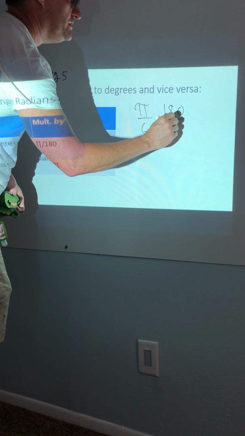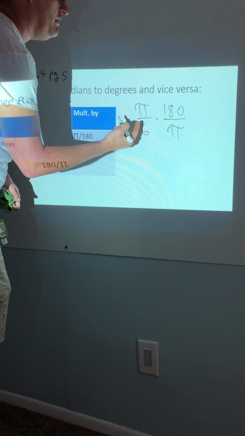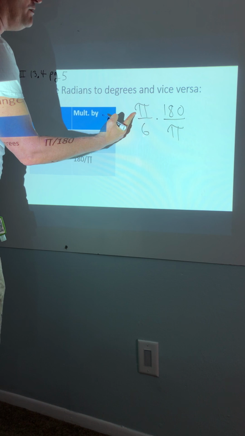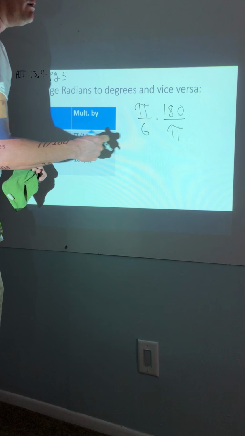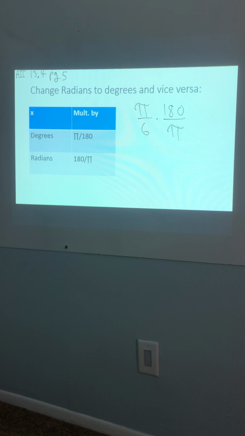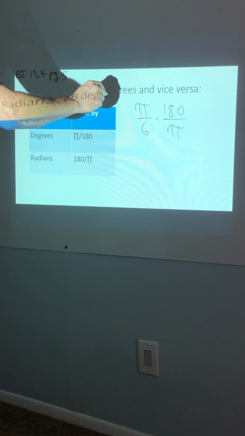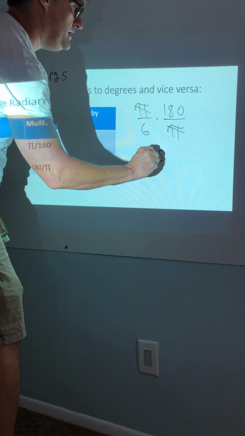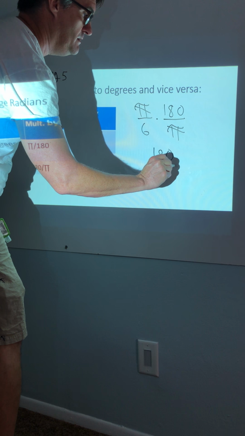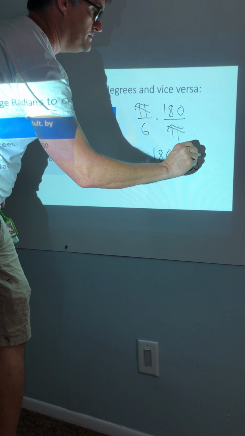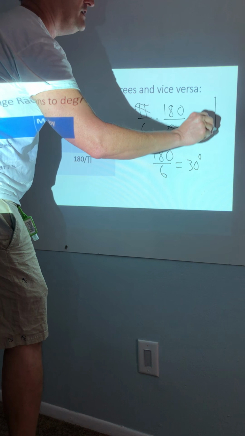The good news is that if pi is in the numerator, you multiply by the one that has pi in the denominator, because we're just going to cancel out those pi's. So drop those pi's. You're left with 180 over 6, and you just get 30 degrees, positive.